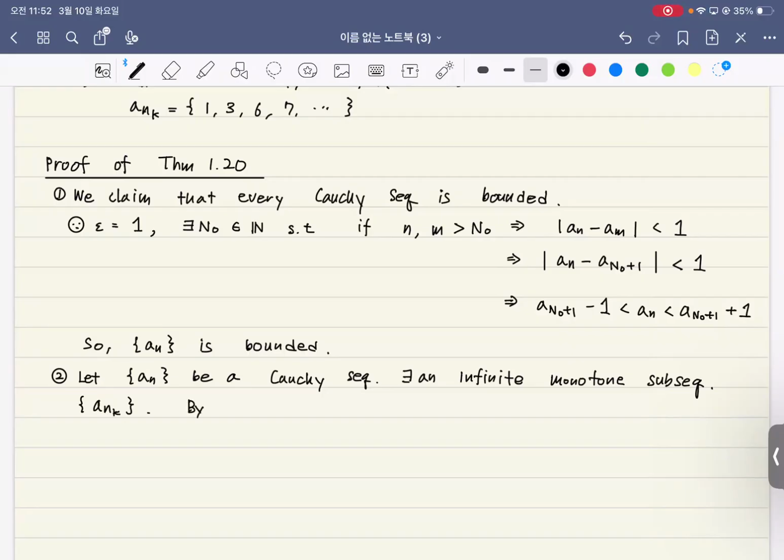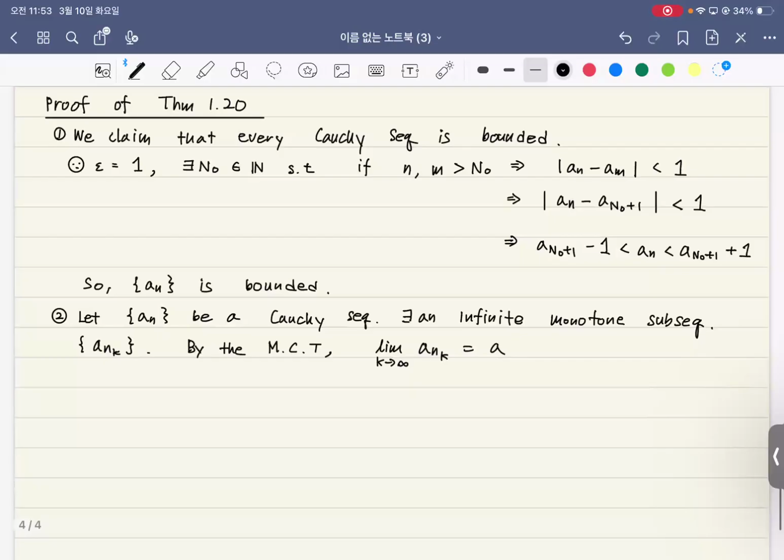Then by the monotone convergence theorem, this is an infinite monotone subsequence constructed from the original Cauchy sequence a_n. But because of A, we know the sequence a_n is bounded, right? Therefore, this subsequence is a monotone sequence, which is also bounded. Therefore, this must also be convergent, right? So as k goes to infinity, a_{n_k} converges to a.